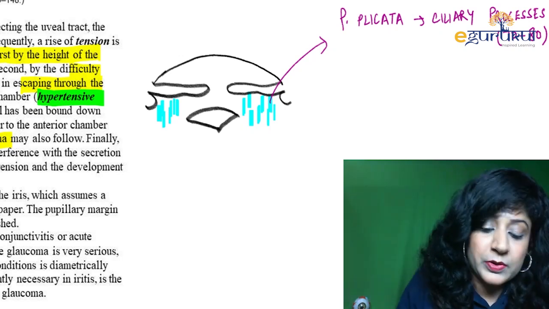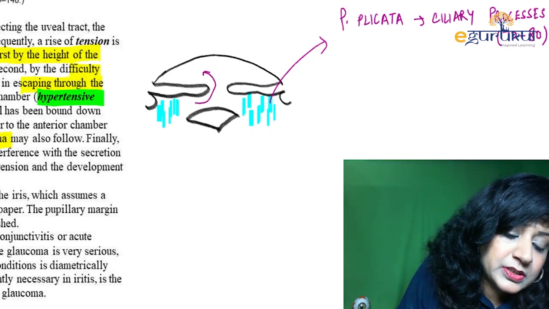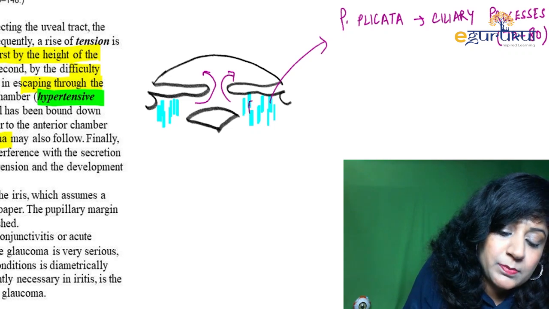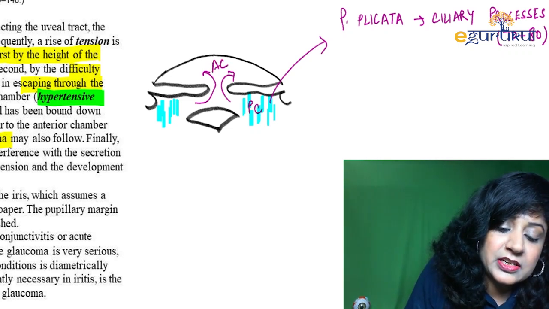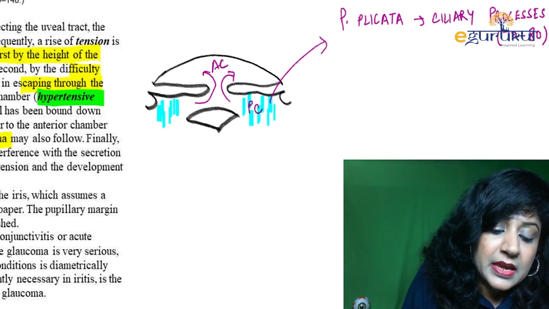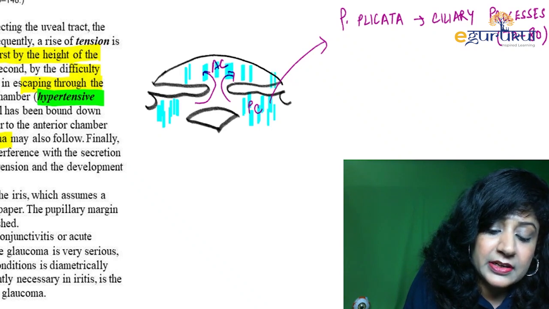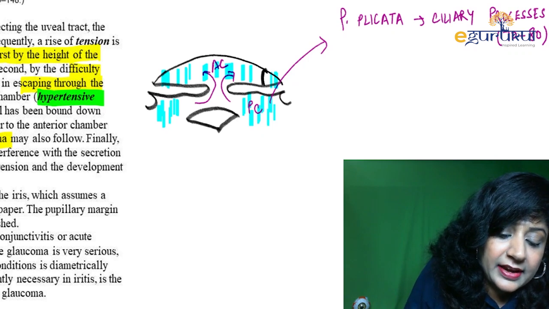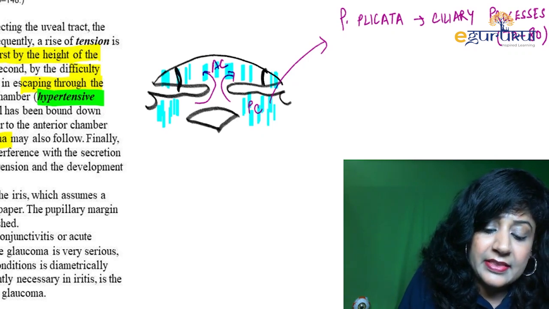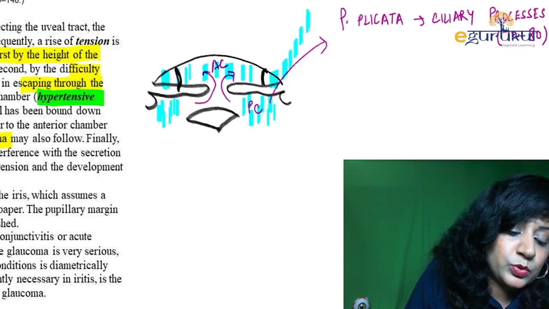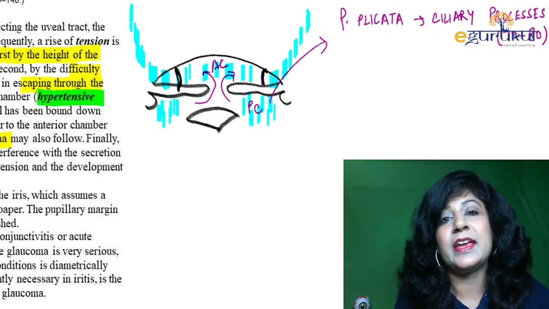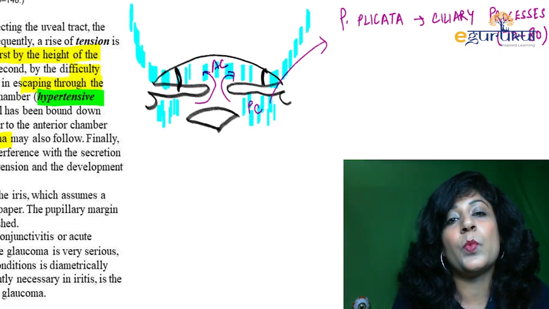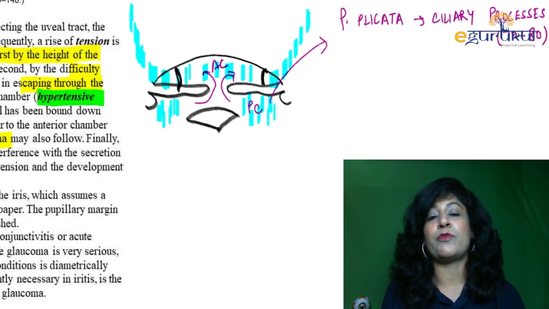Now all this aqueous humor is moving from the posterior chamber to the anterior chamber. This is the posterior chamber, this is the anterior chamber. It is coming into the anterior chamber, then it is passing through this angle. We all know this is your angle of the anterior chamber, and then 90% is flowing through the trabecular meshwork. Now what is happening when we have iris bombé formation?